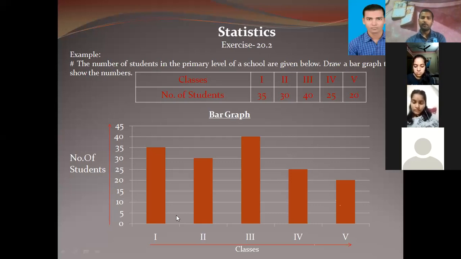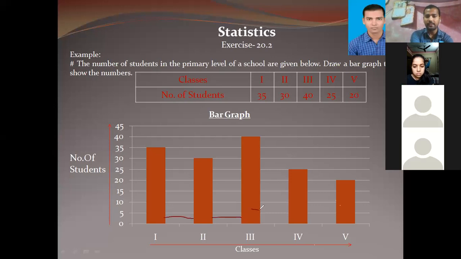So in this way, the distance between this line to this line is equal. In the same way, this line to this line is equal to this one. In the same way, the distance between the second one to the last one is also equal to the first. That means their differences should be equal, that means the gap should be equal.